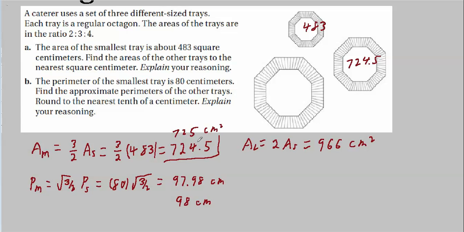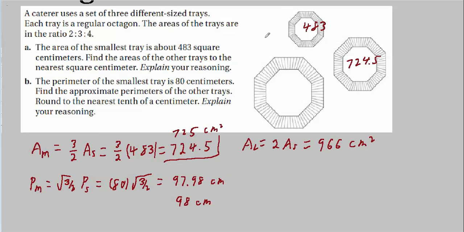I mean, anybody who didn't give you like 95 to 99% credit for this, I'd argue with him. Come on. So what if you didn't round it off? You gave an exact answer. What's wrong with that? I don't see what's wrong with exact answers, other than they're harder to write.